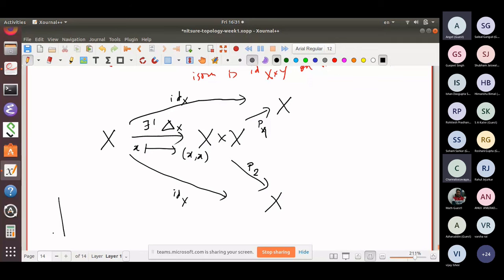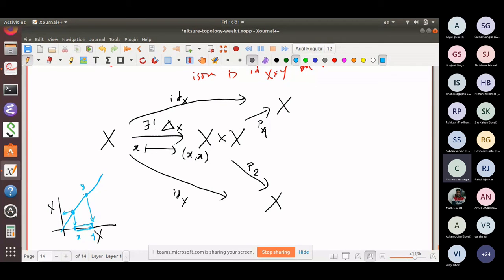And you see how it looks. This is x, and I'm going to draw the diagonal in a different color. This is the diagonal. So now if I take a point x, that means this point x, and if I take another point y, and here is that point y, then this projects here.